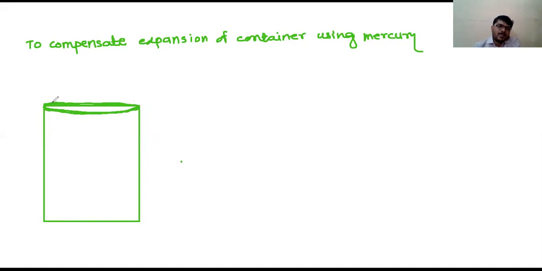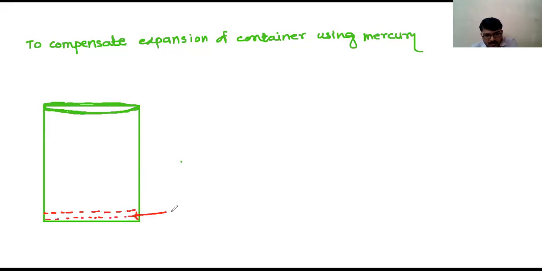In this container, first of all, I am taking some amount of mercury, which is placed below the liquid.